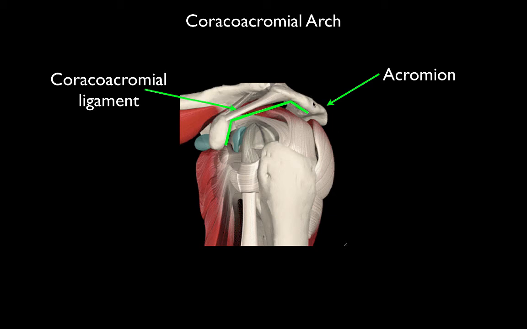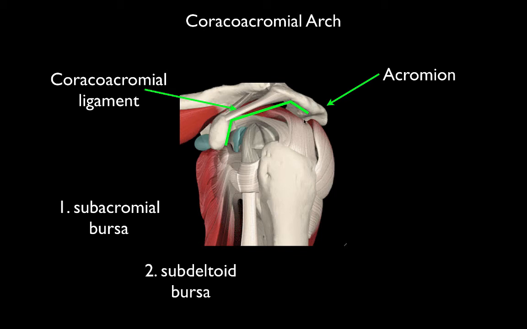What runs underneath this arch? There are 4 structures in total. The subacromial bursa sits underneath the acromion process. The subdeltoid bursa sits underneath the deltoid muscle. That's not shown here. This is probably the one that will affect you the most as you start to practice: the supraspinatus tendon.